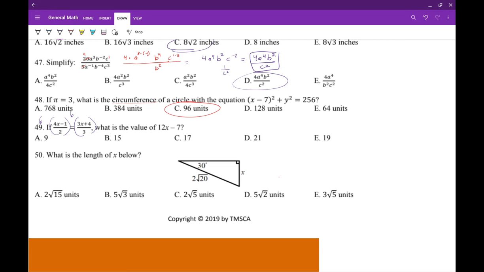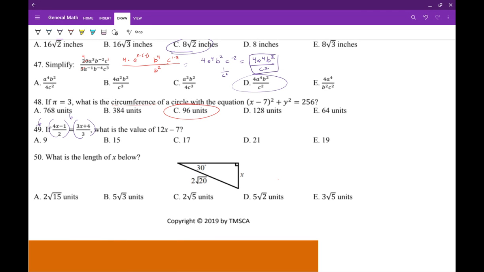And so this would cancel out. 6 divided by 2 is going to be 3. And then 6 divided by 3 is going to be 2. So we have 3 times (4x - 1) equals 2 times (3x + 4).